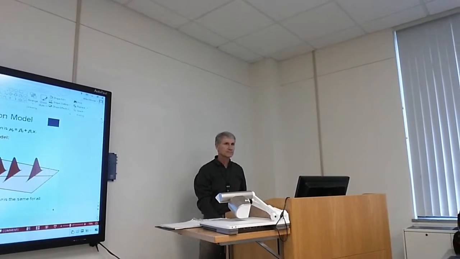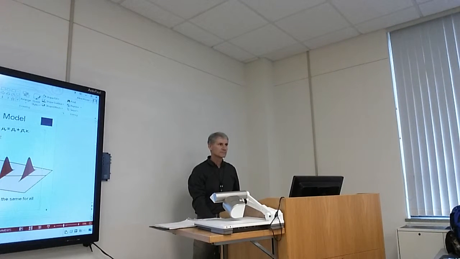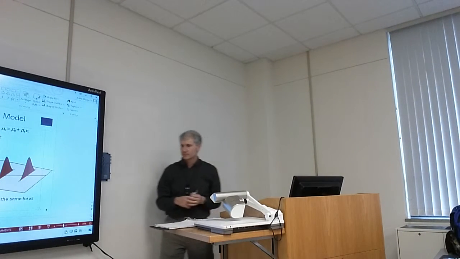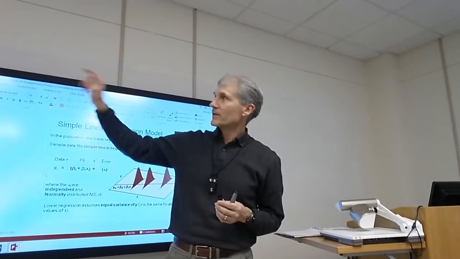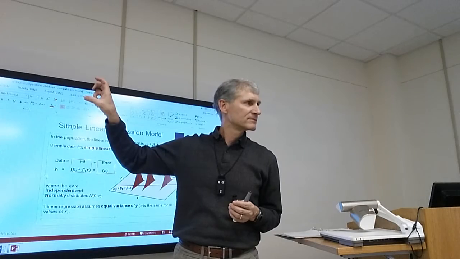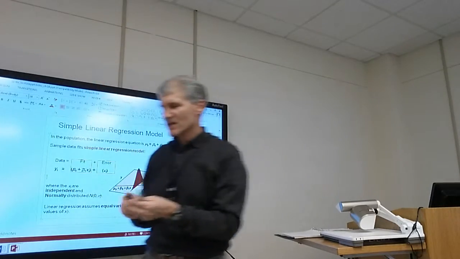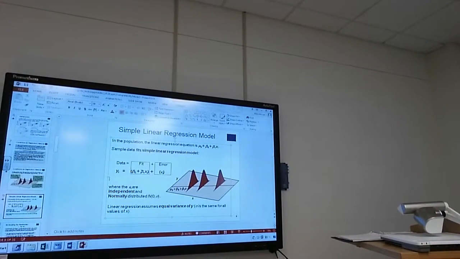Questions on that? So if N means normal, what does the 0, sigma mean again in words? The 0 is the mean, right? So that's standard notation in statistics. This means normal distribution, and this is the mean of that normal distribution, and this is the variance of that normal distribution.